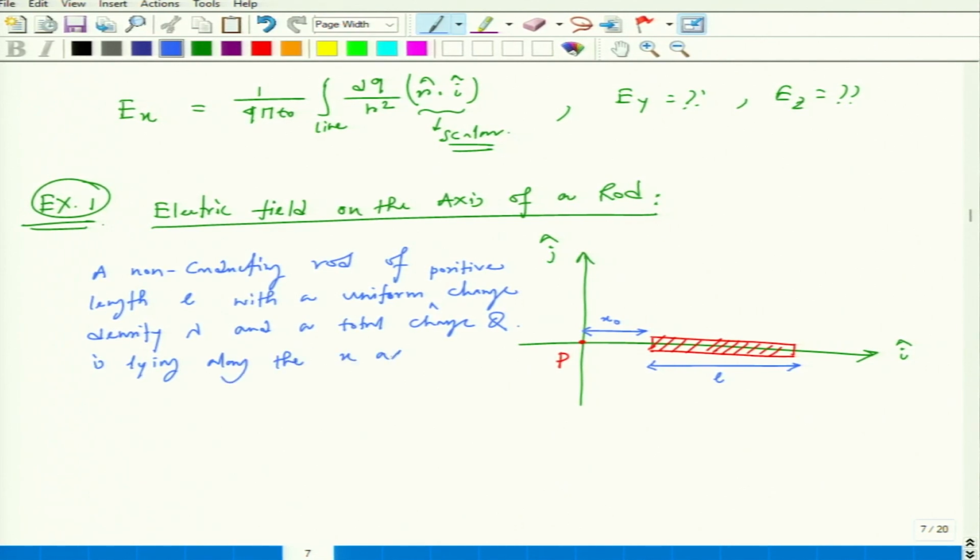This is the statement of the question and the corresponding figure on the right hand side.